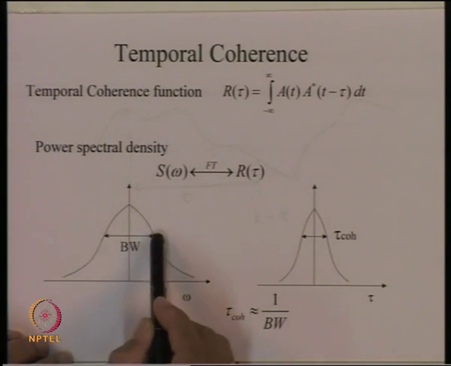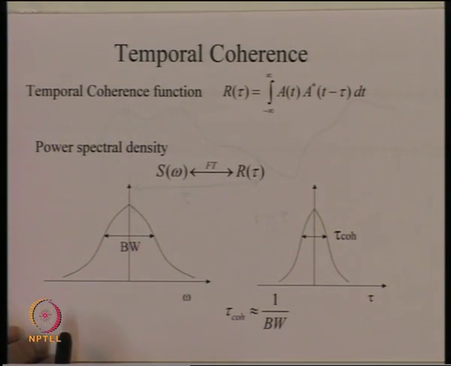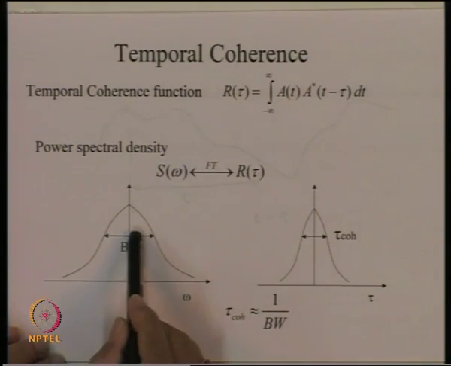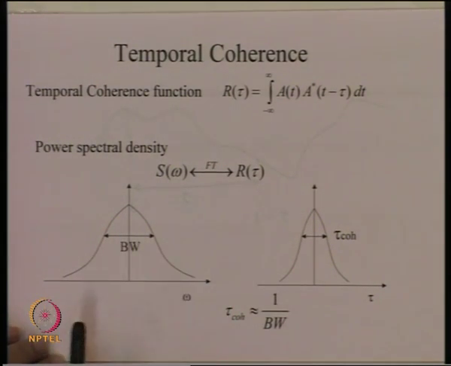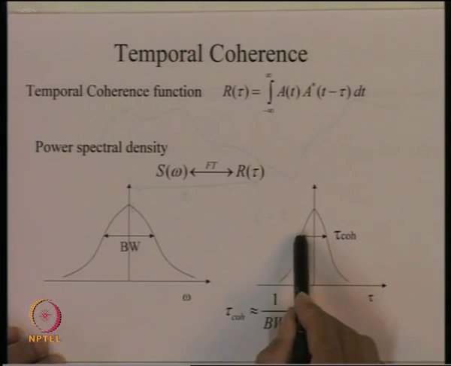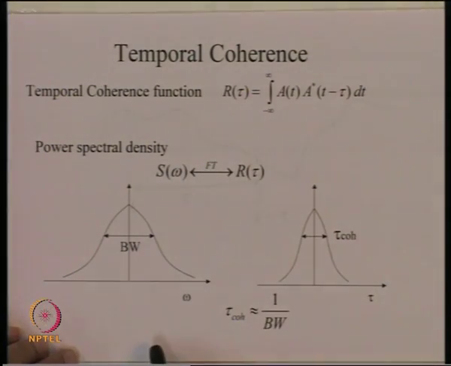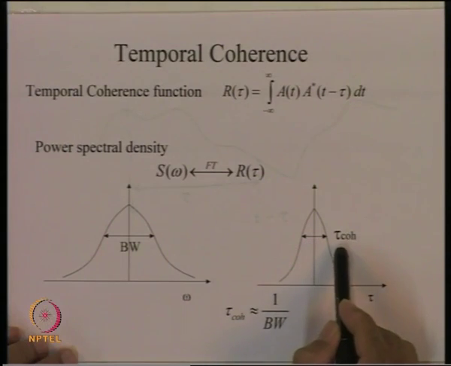We can measure the effective width of this function, and that is what is called the bandwidth of the signal. Whereas if I measure the effective width of this coherence function, we call that the coherence time, which is denoted by tau coherence.